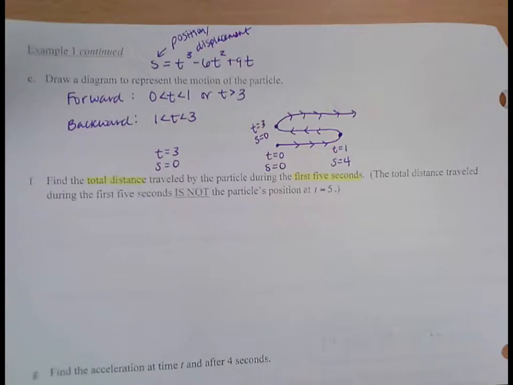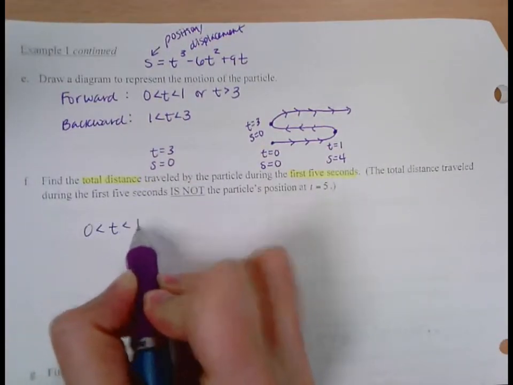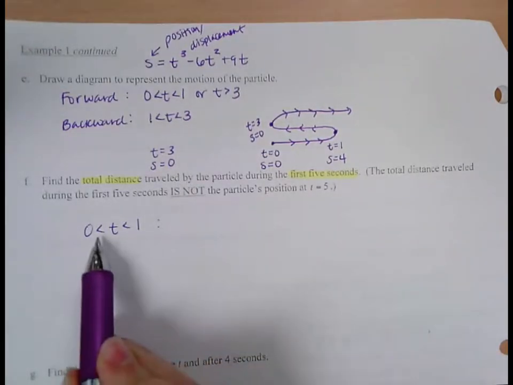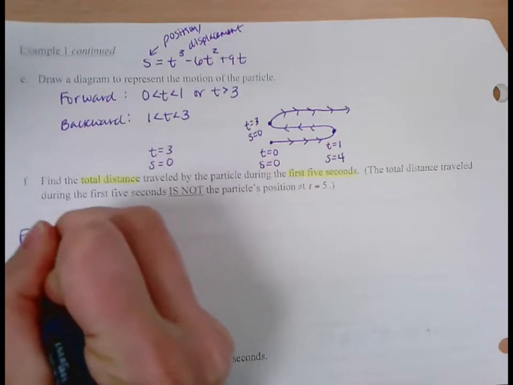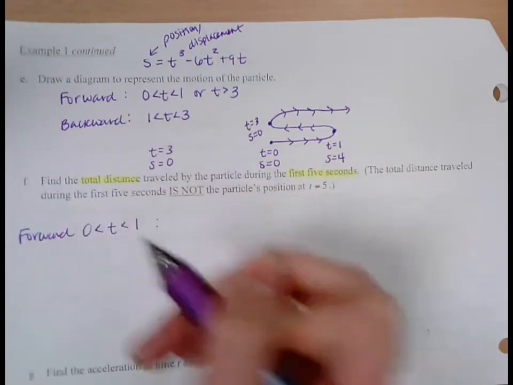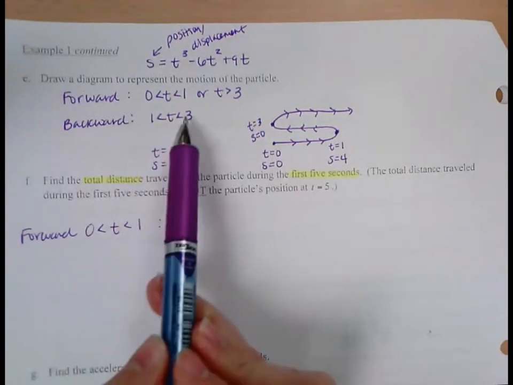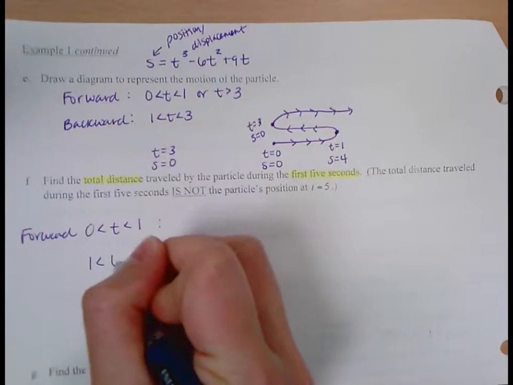So I'm going to break those into different time intervals. So I have the time interval between 0 and 1. I want to find the distance traveled in that first second, because I know here it's moving forward. And then I want to find the distance traveled in the interval next where it's moving backward from 1 to 3.